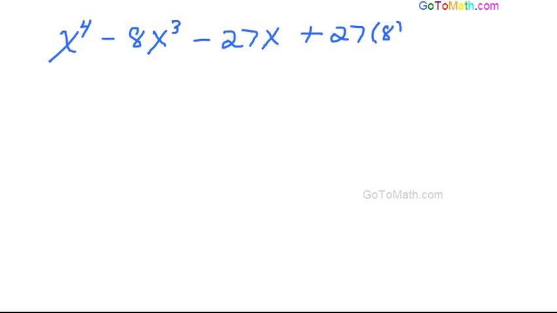So we have x to the 4th minus 8x cubed minus 27x plus 27 times 8.